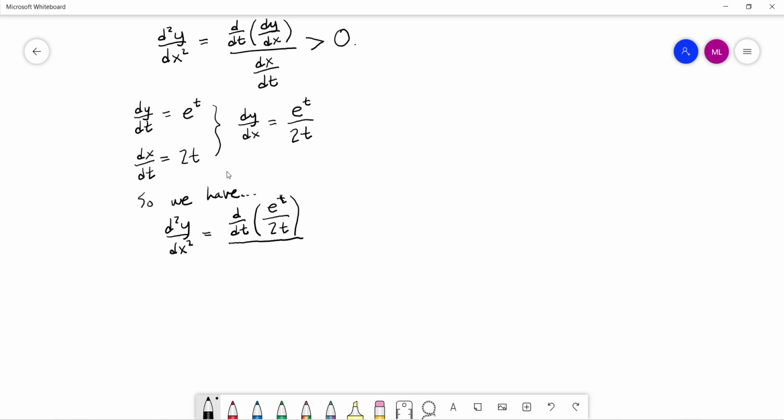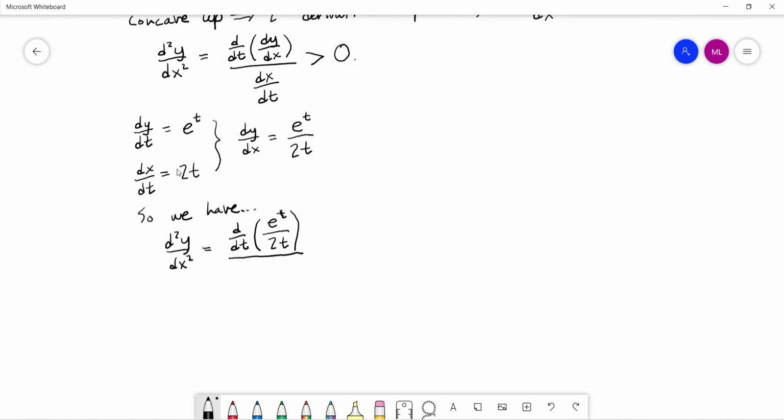And then I have to divide that whole thing by dx dt, which we also already found right here is 2t. And so if we do this, we're going to have to do, again, our quotient rule on this piece, and then divide by an extra factor of 2t.